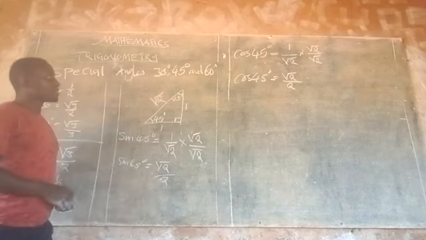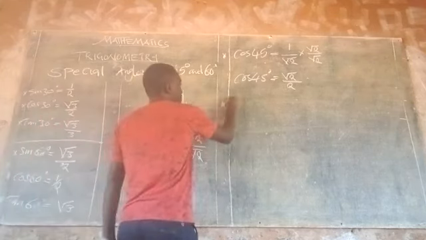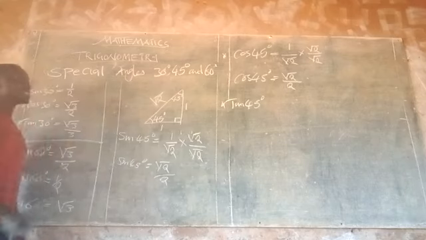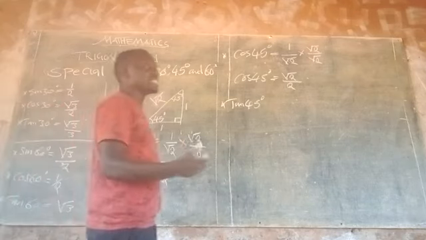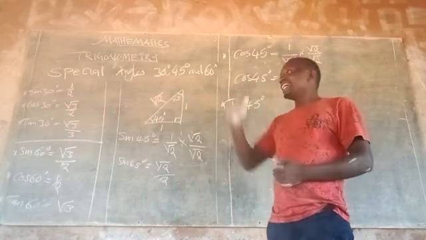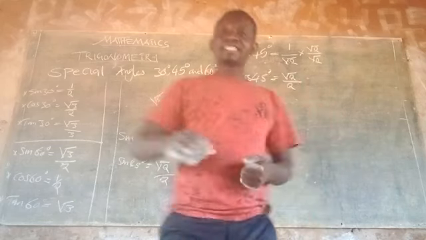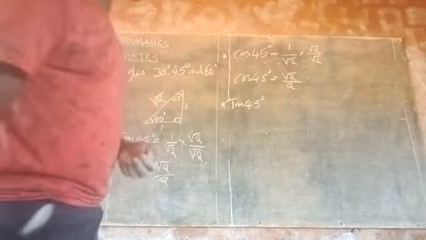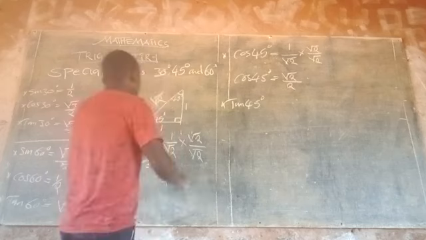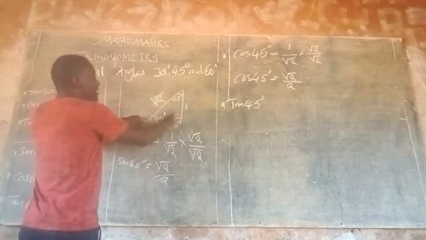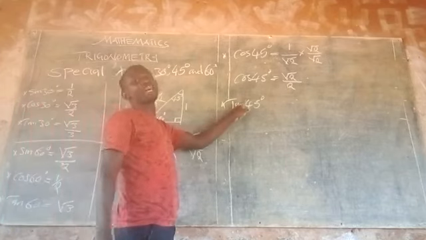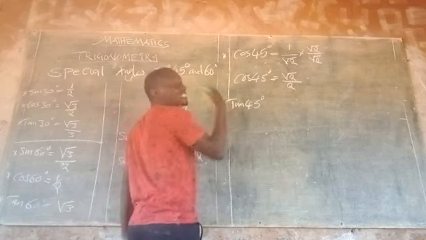Let's look at tan 45 degrees. Tan theta is simply the opposite side to the angle over the adjacent side. If you look at this angle, opposite is 1, adjacent is 1. Which simply means we divide 1 by 1, and we just get 1.